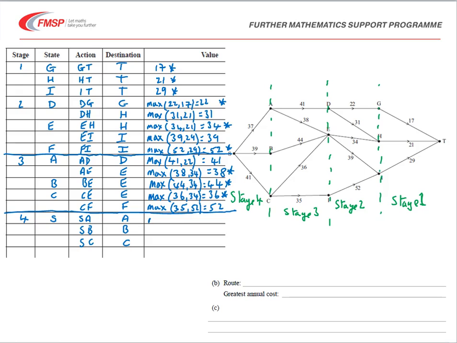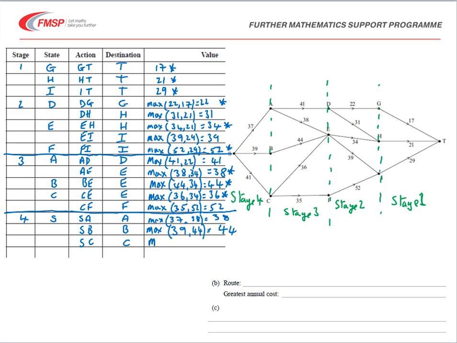SA has a weight of 37 and the current minimax for A is 38. The SB has a weight of 39 and B has a minimax of 44, so that gives me 44 as the minimax value.